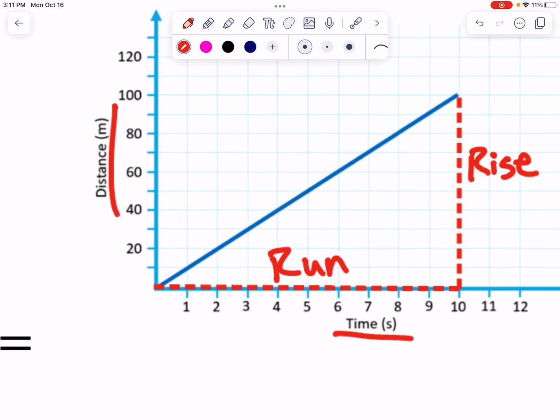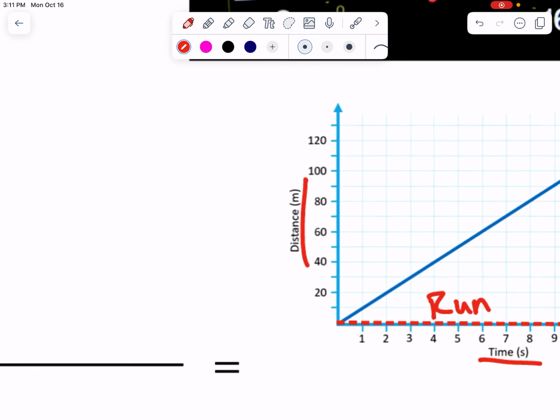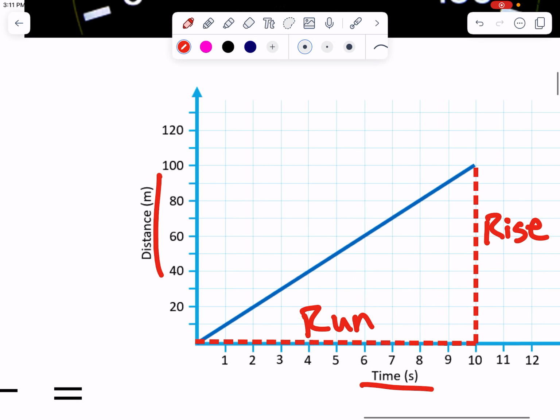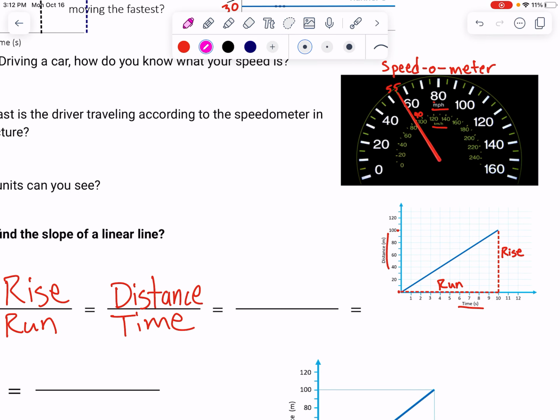What's running, or increasing in x, is the time. If we put this into numbers, we've increased from a distance of 0 to a distance of 100, so there's been a change in distance of 100 meters, and a change in time from 0 to 10 seconds.